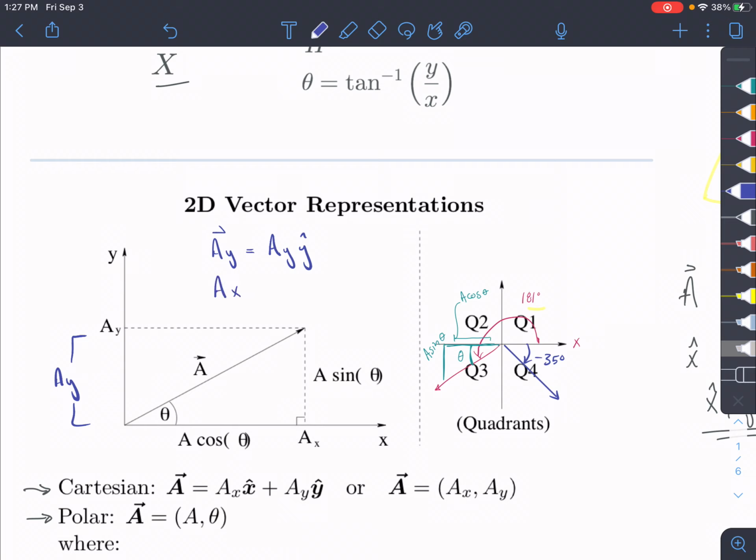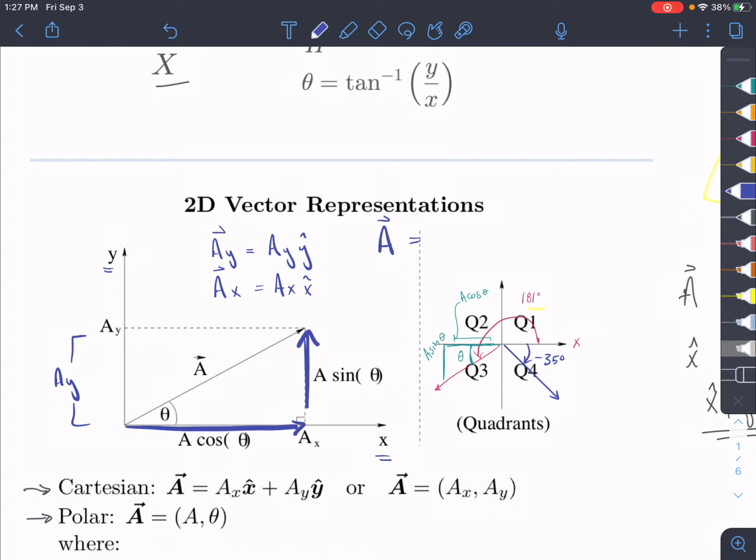Say I have A_x, I have the vector A_x in the x hat. My A vector, which would be all of them, includes this x piece here. In this case we have positive x, because look at our coordinate system, this is the positive direction, positive x, and the positive y direction.